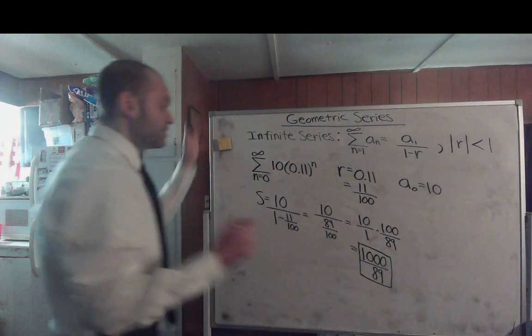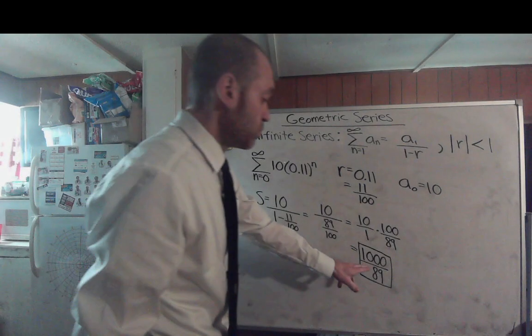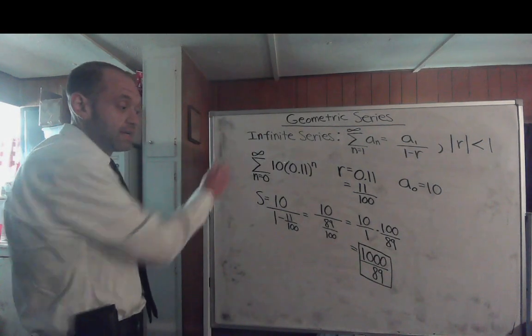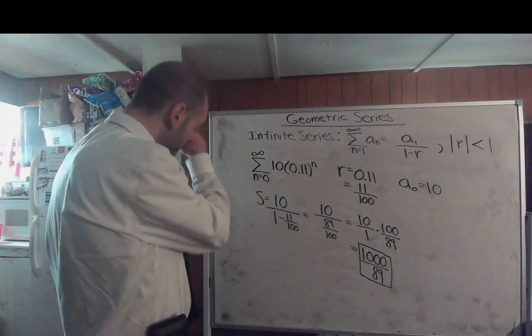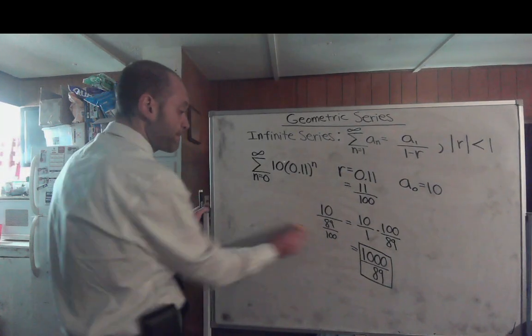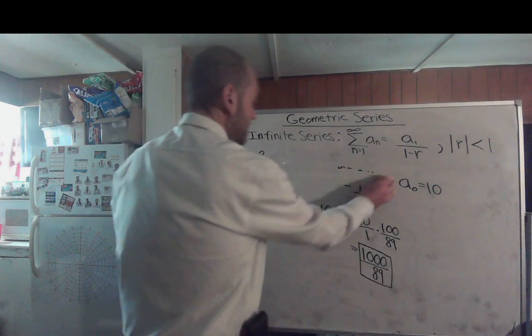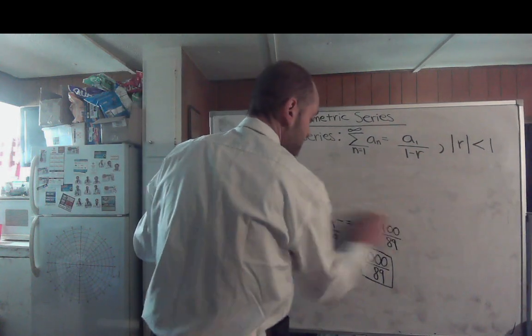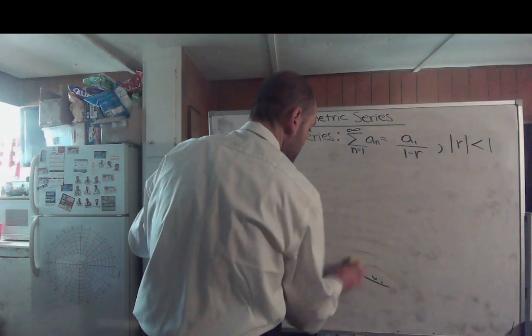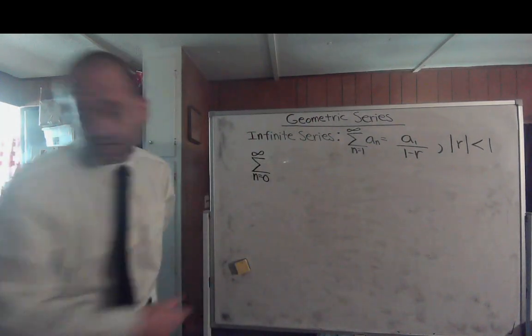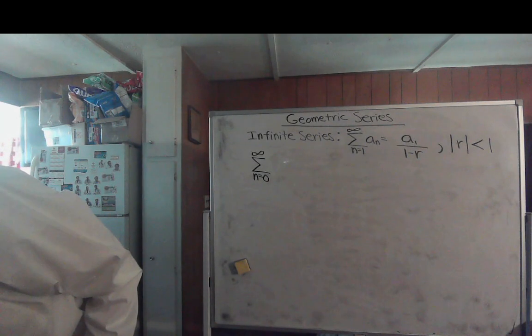So the sum of this series converges to 1000 over 89. And if you want to get a decimal approximation, feel free, but I don't think it's necessary. I only have 3 more.